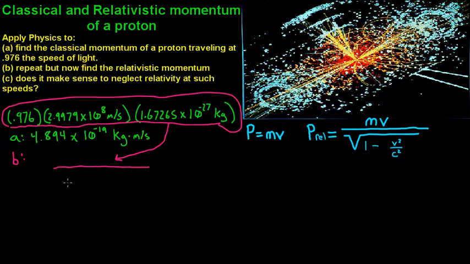Alright, and for the bottom part, we're going to take the square root of 1 minus velocity squared over c squared. So we know the velocity is 0.976 of c, and so that's going to be squared. So you're going to put 0.976 c squared over c squared.